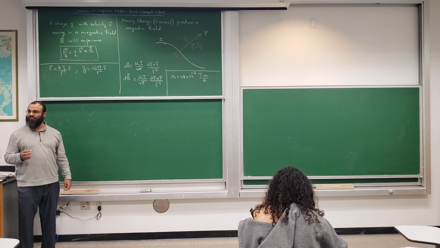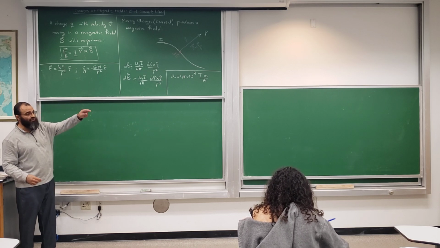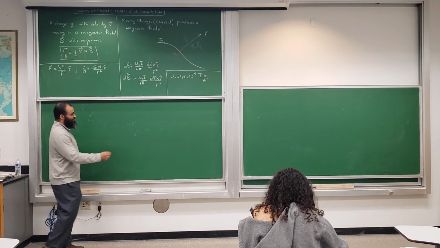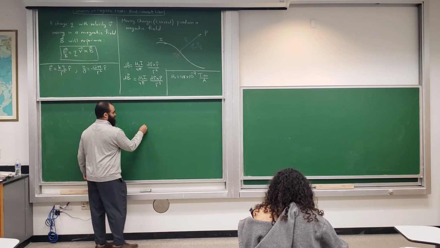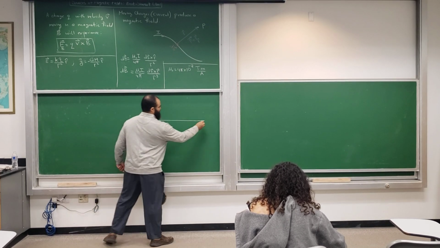Let's start with the simplest case, which is a straight wire segment. No curves, no wrinkles or anything. So example 1. Suppose I have a wire, and this is the x-axis.